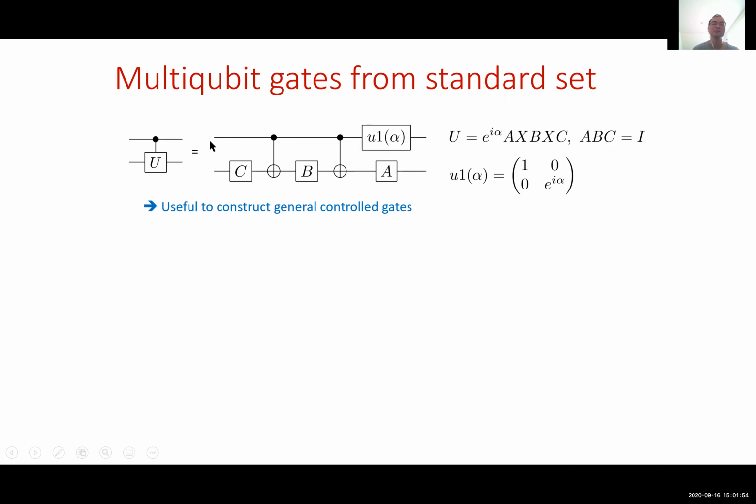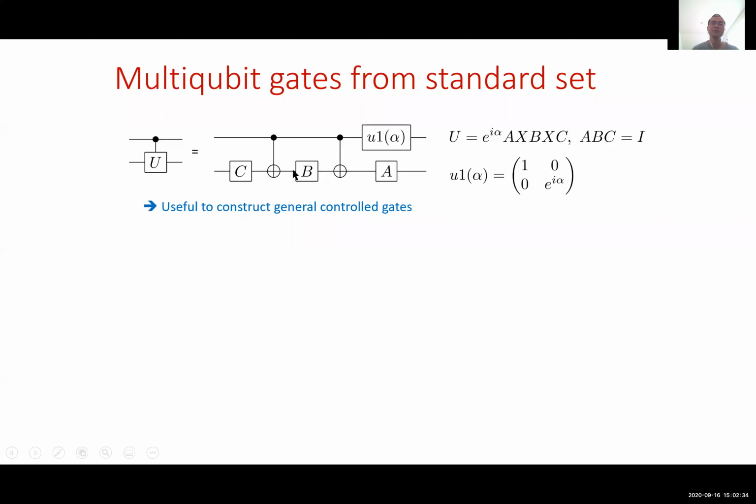There is an interesting mathematical identity: if you can write U as a phase times A times X times B times X times C, where the product ABC is identity, then the control U can be implemented using the control NOT gate.